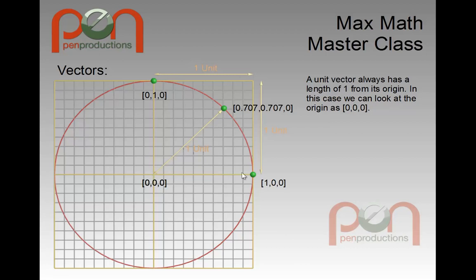We've got our typical Cartesian graph here, and we're calling this 1 unit from 0 in the center out. You'll notice we have what's called a unit circle as well. It's 1 unit in its radius, and any point along that curve is a point that is 1 unit in length. It's not 1 by 1 out.